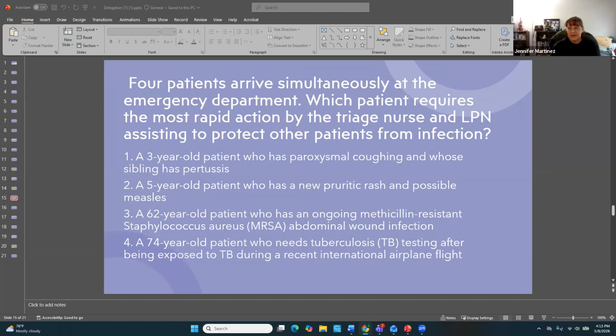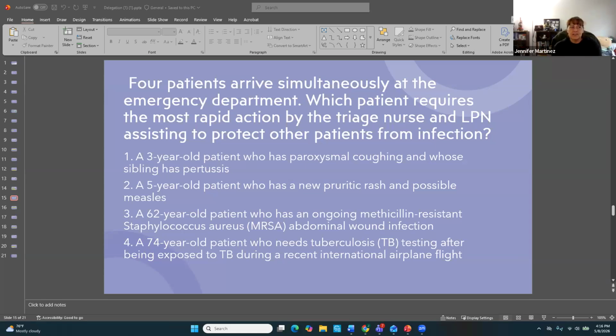All right. Here we go. We have 4 patients that arrive simultaneously at the emergency department. Which patient requires the most rapid action by the triage nurse and LPN assisting to protect other patients from infection? We have a 3-year-old who has paroxysmal coughing and whose siblings have pertussis.